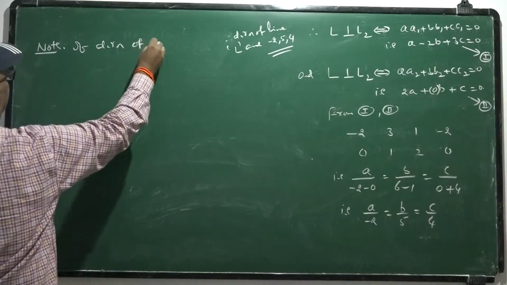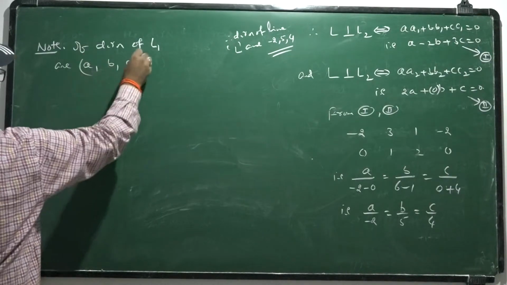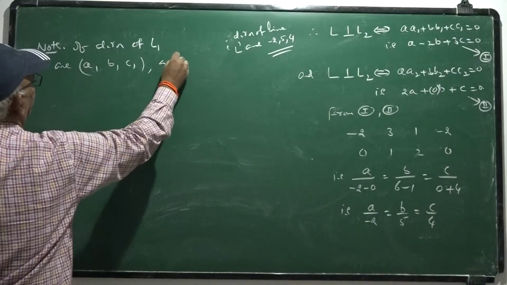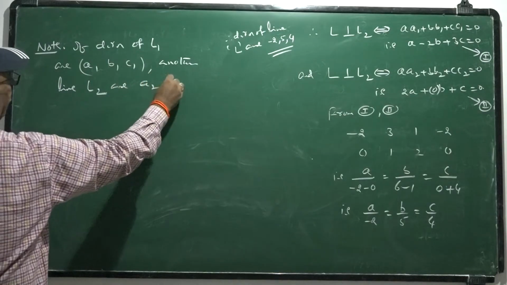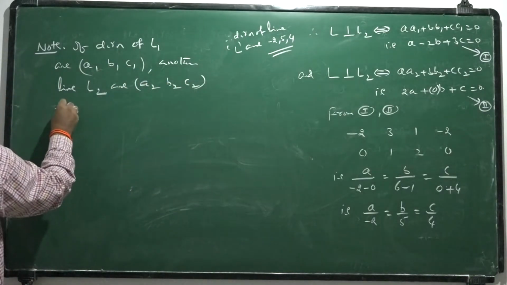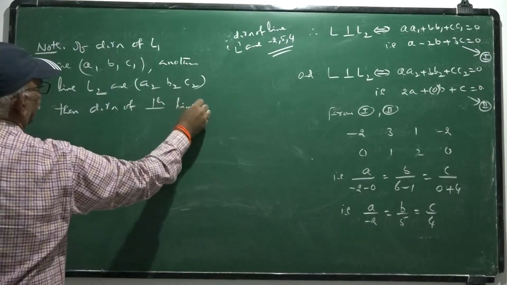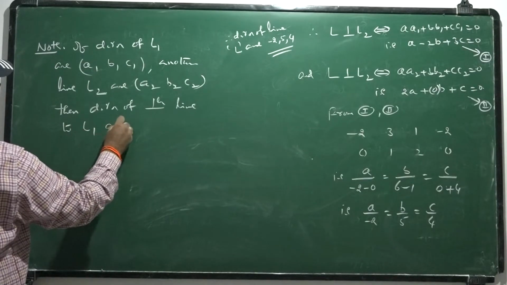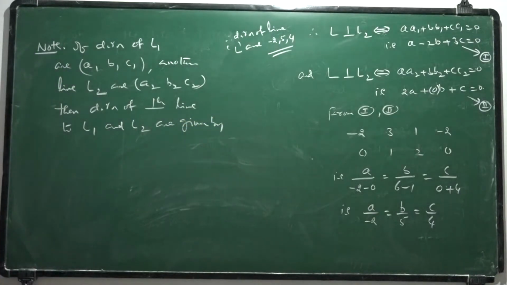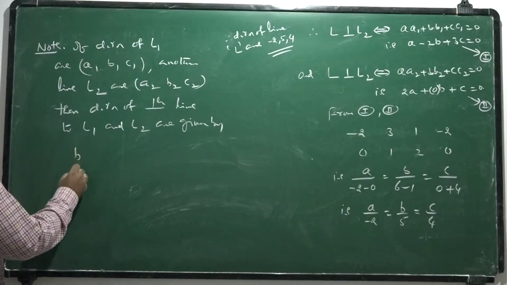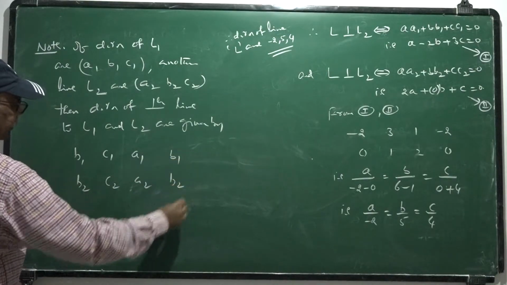If DRs of L1 are A1, B1, C1 and of another line L2 are A2, B2, C2, then DRs of the perpendicular line to L1 and L2 are given by B1, B2, C1, C2, A1, A2, again B1, B2.